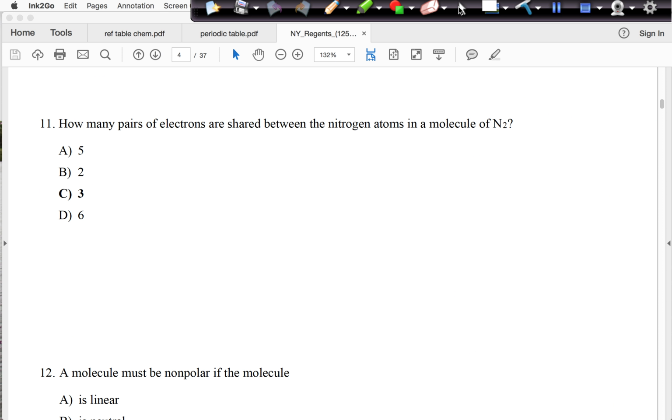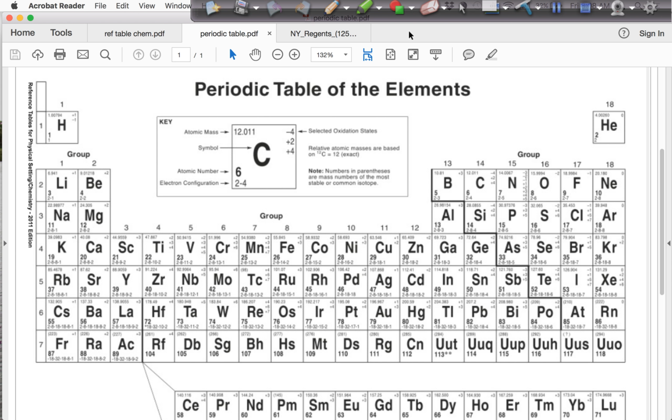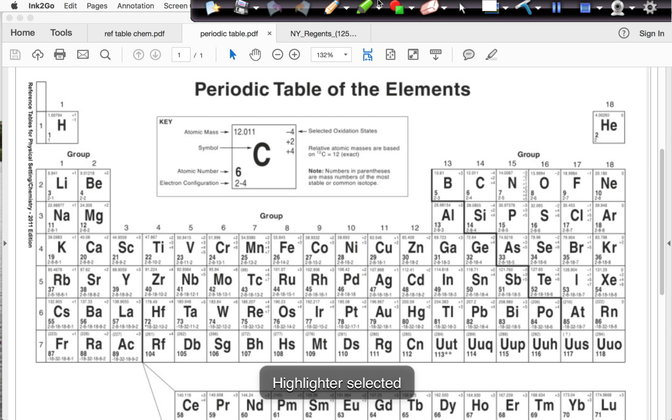How many pairs of electrons are shared between the nitrogen atoms in a molecule of N2? If we look at nitrogen on the periodic table, we see that nitrogen has 5 valence electrons. Its electron configuration is 2-5.